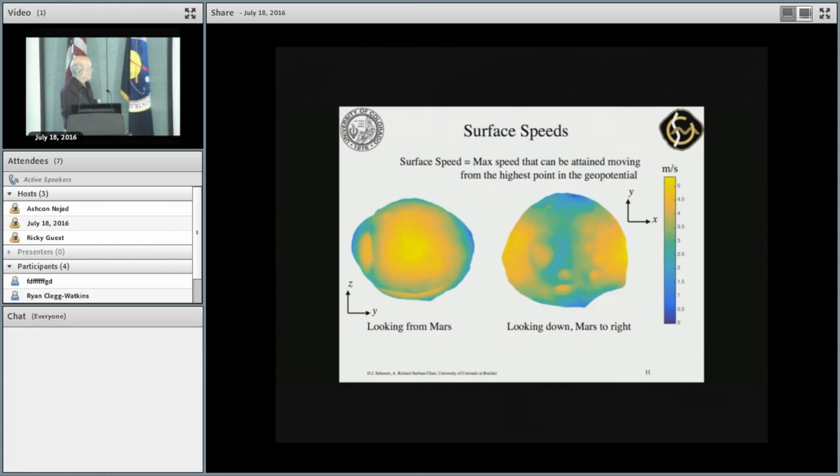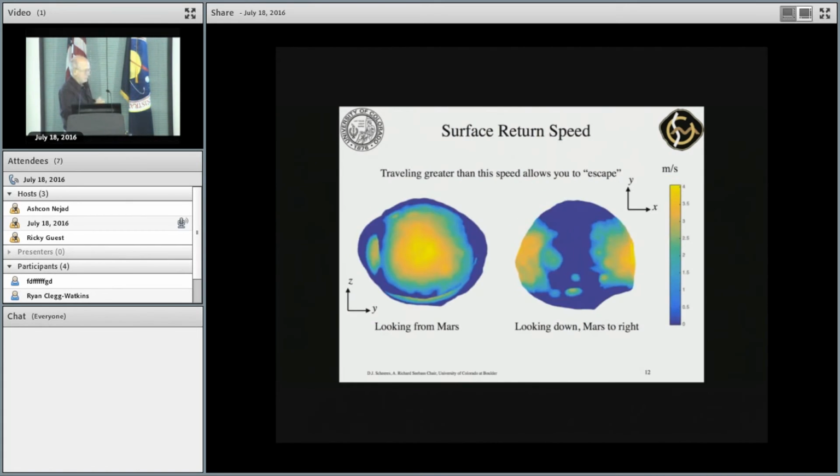That makes sense. If you go back to the surface speeds calculation, if you slip and fall at this point, by the time you get to the lower point, you're going at over 5 meters per second, if you don't dissipate energy with friction. If you look here, you only need 4 meters per second of speed to escape from the Phobos environment. So slipping and falling from anywhere in these blue regions can give you sufficient speed to escape from this region. That's an interesting aspect.